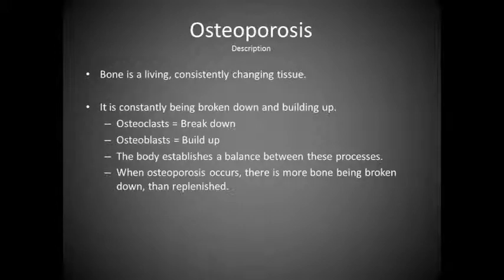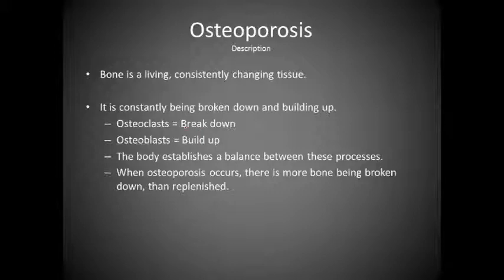As we've established before, bone is a living, constantly changing tissue. It is constantly being broken down and needing to be built back up. And as we saw before, that's accomplished by the use of osteoclasts and osteoblasts. Osteoclasts break things down, and osteoblasts build it back up.